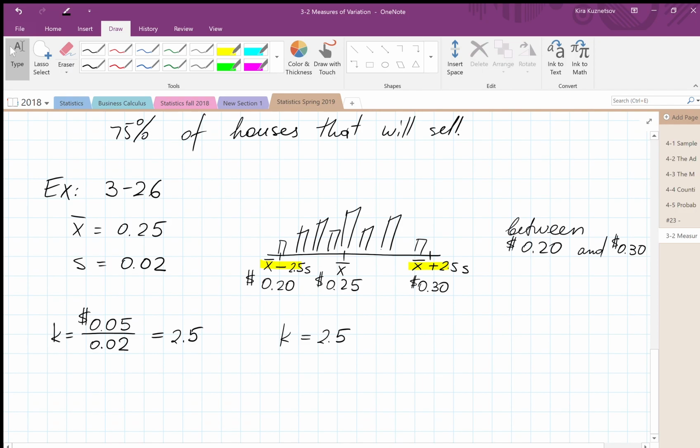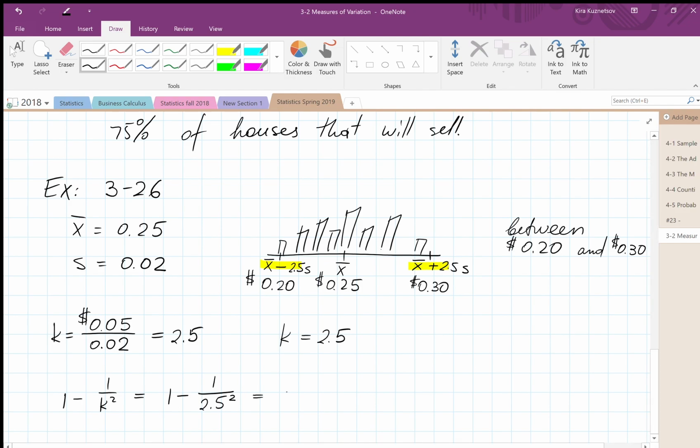Because Chebyshev's theorem states that 1 minus 1 over k squared will give me that proportion. So in this case, it's 1 minus 1 over 2.5. Take out your calculator, type this in. I'm missing a square, sorry. 1 minus 1 over 2.5 squared.